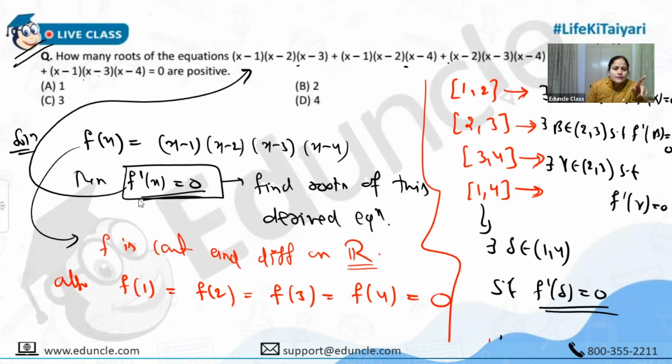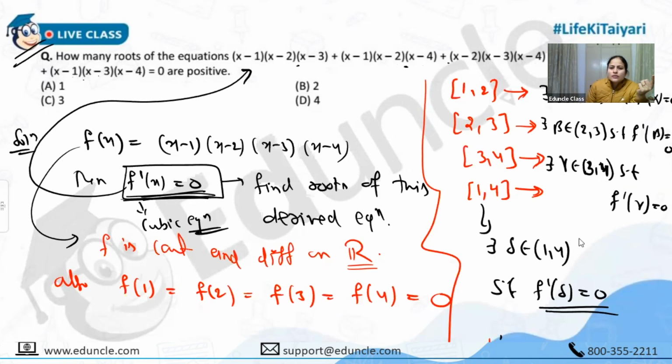Now look at it here. f dash is this, correct na? And f dash is what? A cubic equation. It is a cubic equation na? So it will have at most 3 roots. So if you are taking delta between 1 to 4, delta is going to be one of alpha, beta and gamma. 1 से 4 के बीच में हमने लिया है ना, sorry 3 to 4.